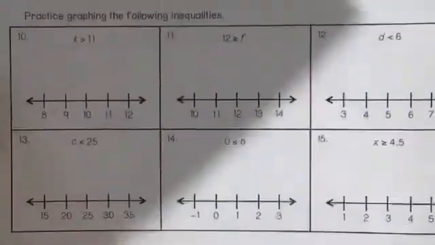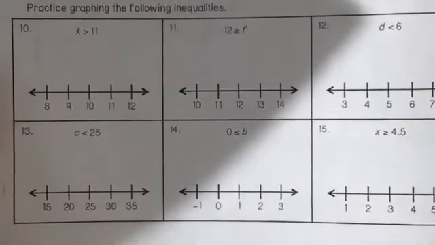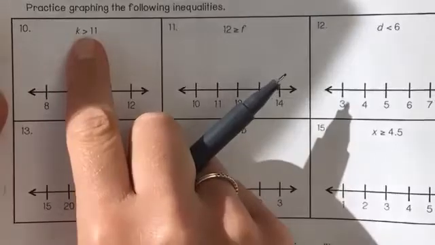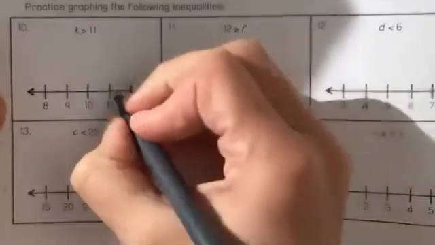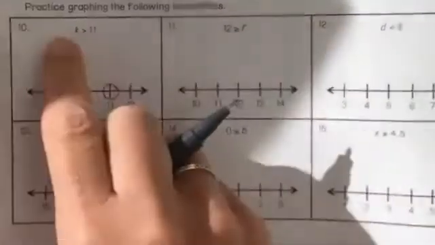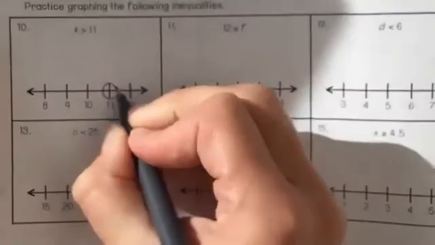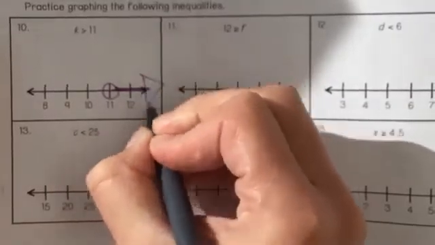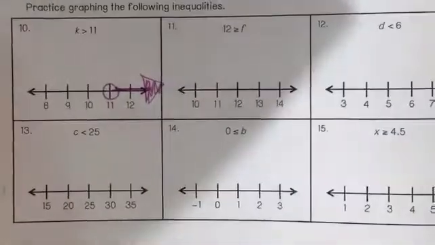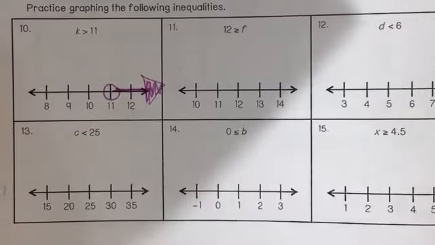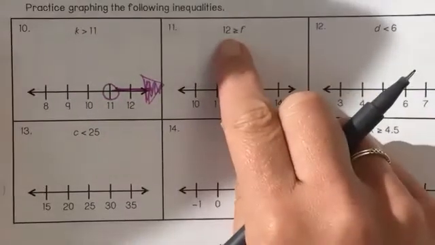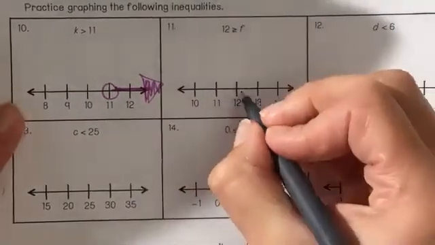So we are going to graph the next inequalities. So number 10 is an open circle on 11. K is greater than 11. So what numbers are greater than 11? Well, 12, 13, 14, so it goes that way. Number 11, a closed circle on 12.